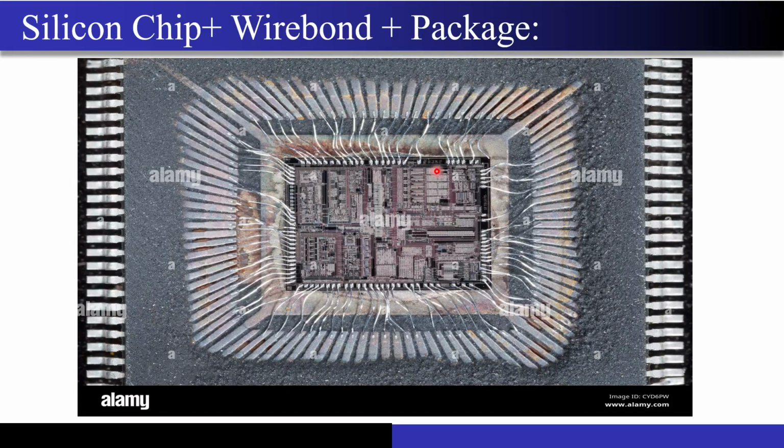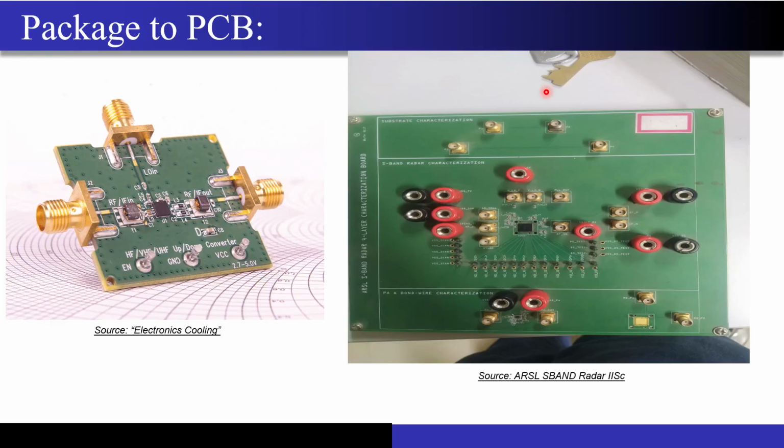So if you want to take any particular node and monitor that node outside, you have to assign a pad in the silicon while doing the layout, and that pad has to be connected to the package, and that particular leg of the package will be sitting on the PCB. If it is a high frequency signal, then you will have a transmission line on that PCB, and from that transmission line you will have some connector, maybe an SMA connector, which you can connect to your oscilloscope or your spectrum analyzer and monitor that particular signal. Correct. I hope this particular flow is clear.